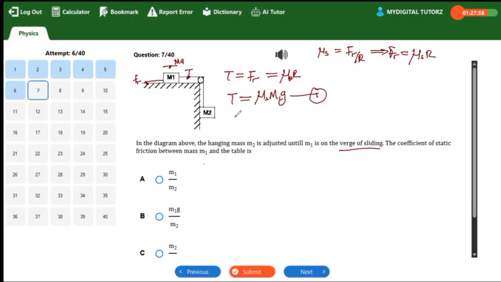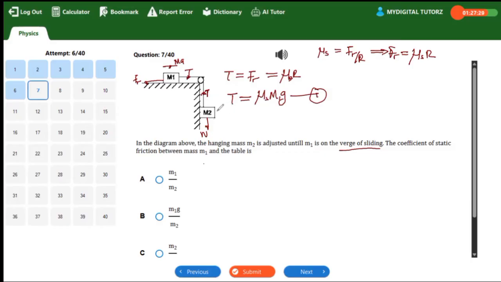Is that understood? Looking at the second body, mass m2, there is still no acceleration. The system is still at rest. Because the system is at rest, there are two forces acting on it now: the weight of the body acting downward, W, and the tension on this string acting upward. They are going to be equal to each other because it is at the verge of moving.